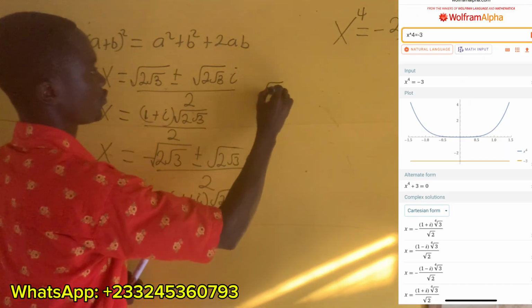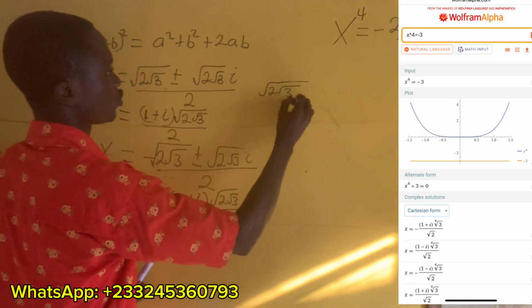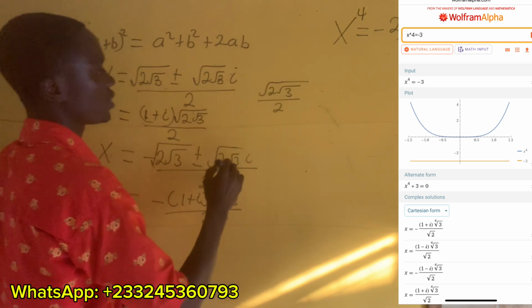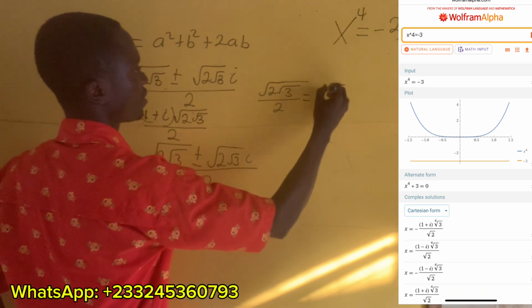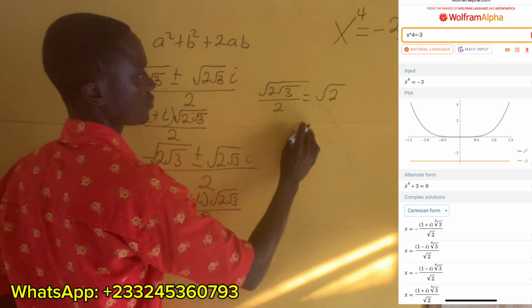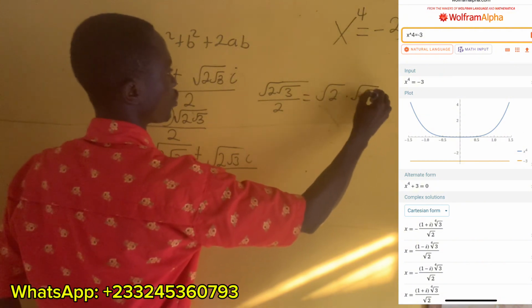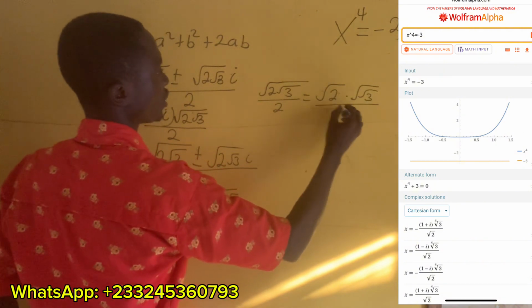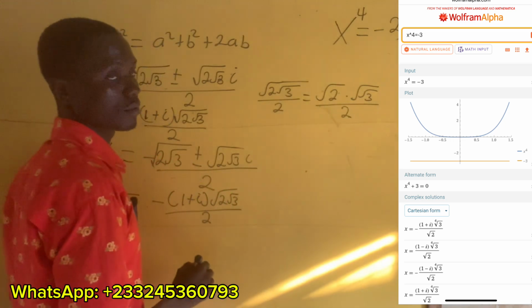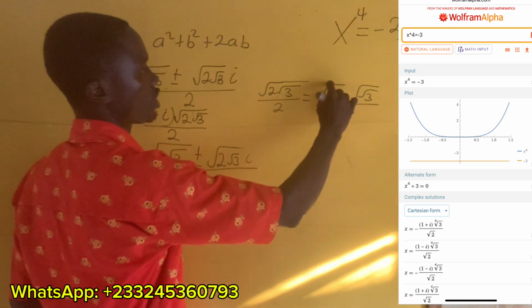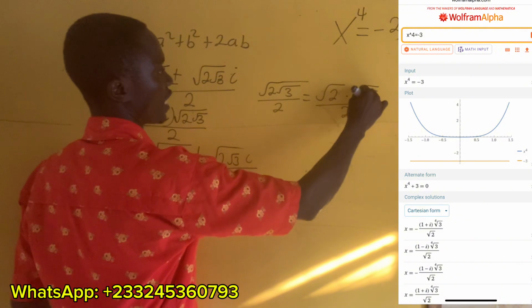We have square root of 2, square root of 3, all divided by 2. So this is the same as square root of 2 times square root of 3, all divided by 2, right?